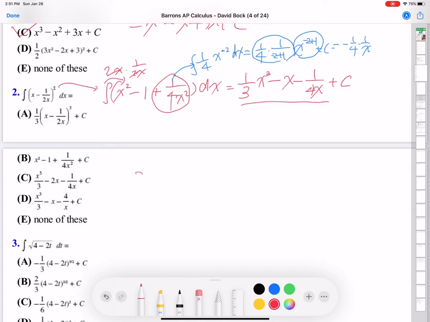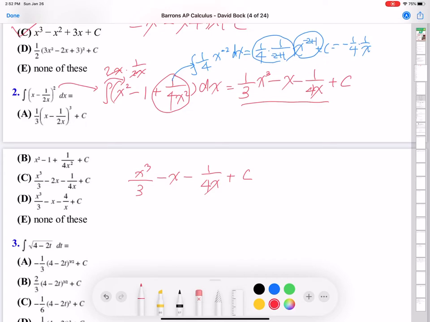So it should be x cubed over 3 minus x and then negative 1 over 4x plus c. There's no such answer, right? So there is no answer in this problem.